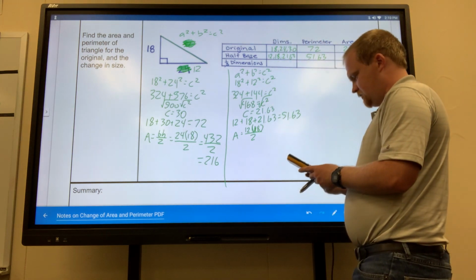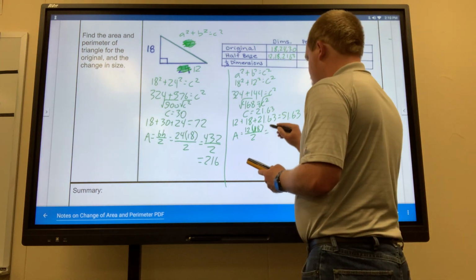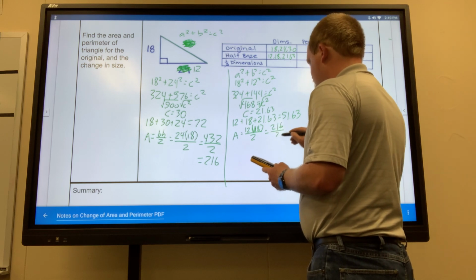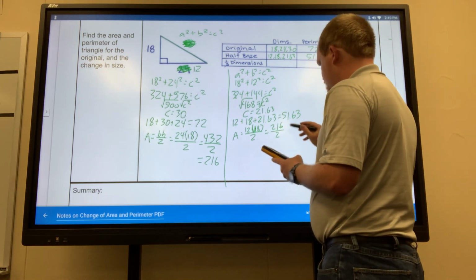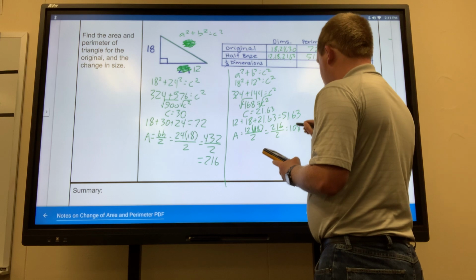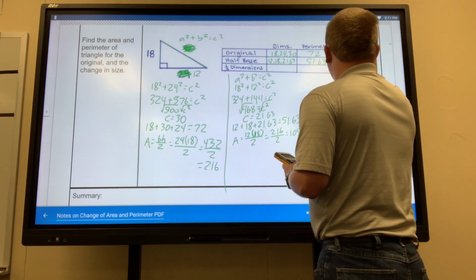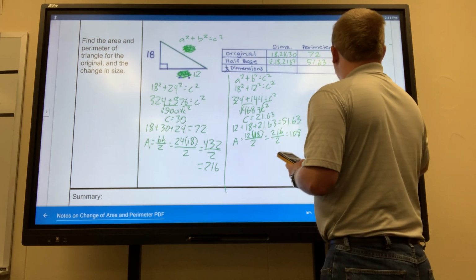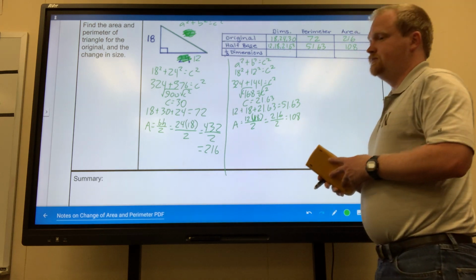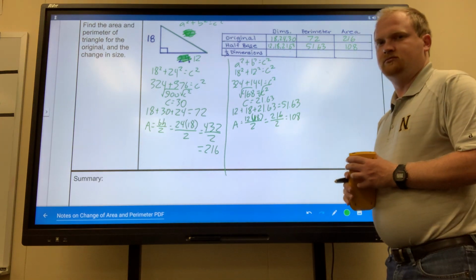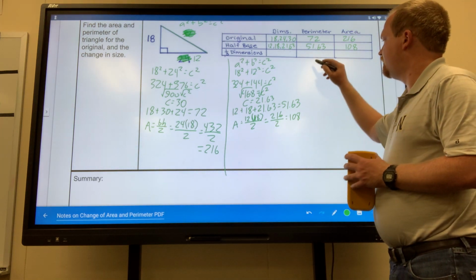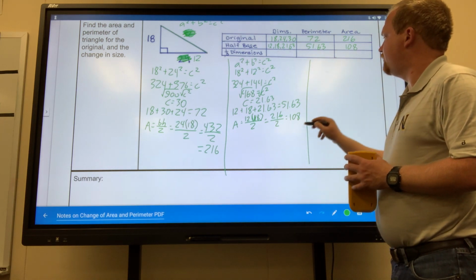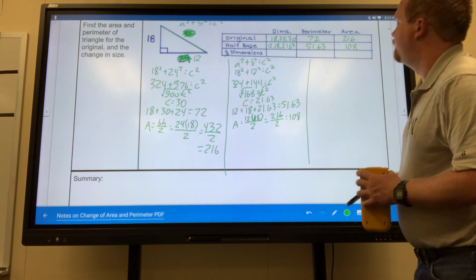So 12 times 18, which is 216, divide that by 2, and I get 108. So that will be my area for the figure.